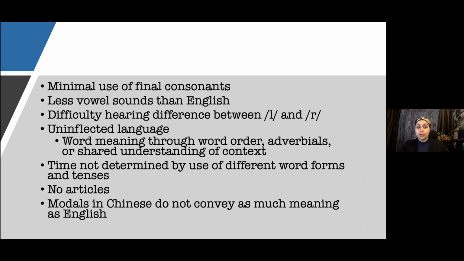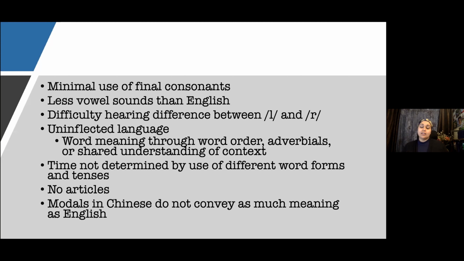It's an uninflected language, so word meaning comes through order, adverbials, or shared understanding of context. There are no articles in Chinese, and modals in Chinese do not convey as much meaning as in English, which I thought was interesting as well. So modals in English are ability, can and could, permission, should I, advice, maybe, all of those modals.